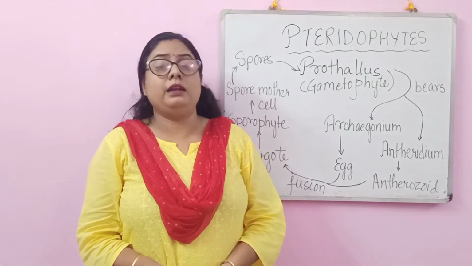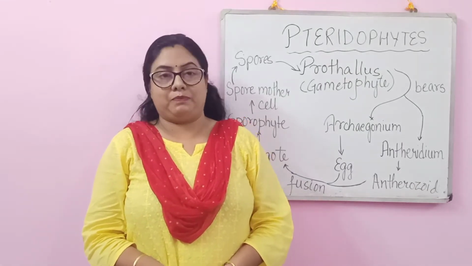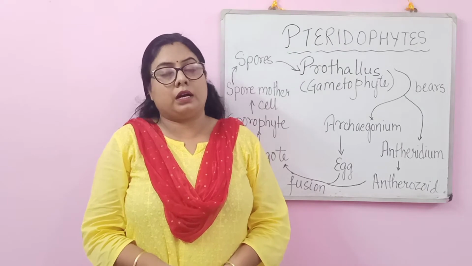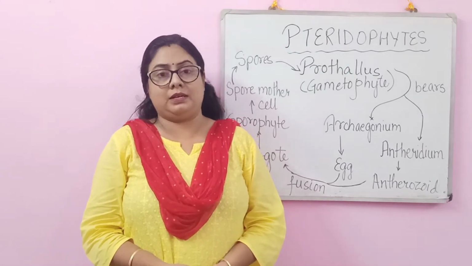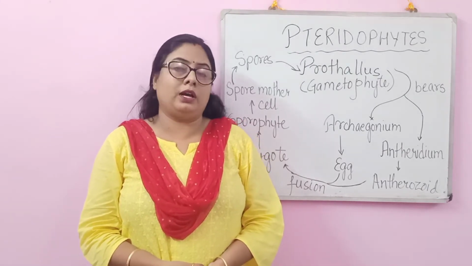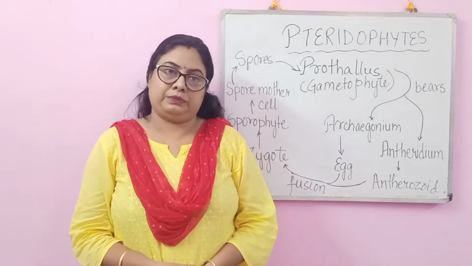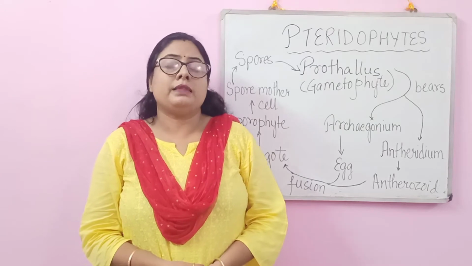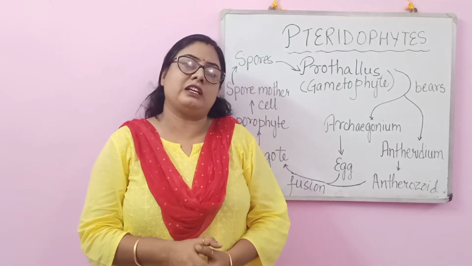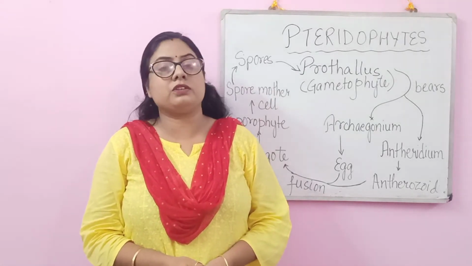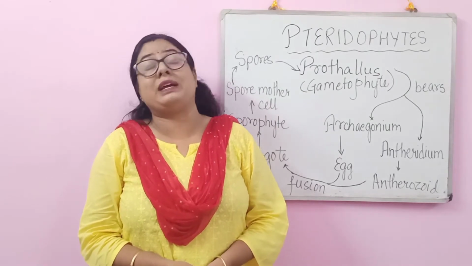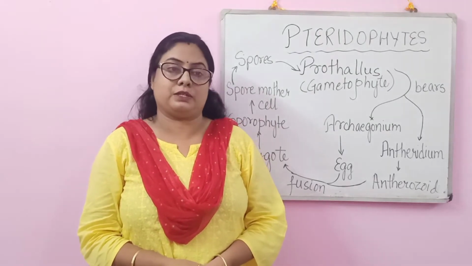Thus, they are vascular cryptogams. They occur in moist, shady places, over the soil, under roots, tree trunks, etc. They can be a fraction of a centimeter, as in the case of Azolla, to 20 meters in the form of trees.